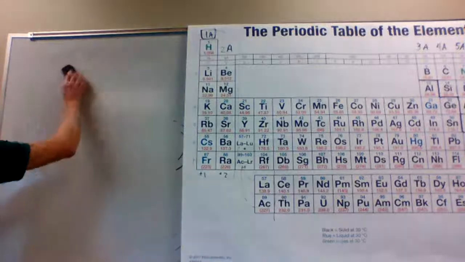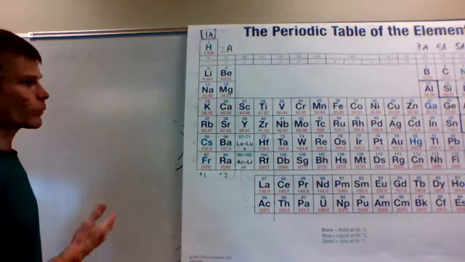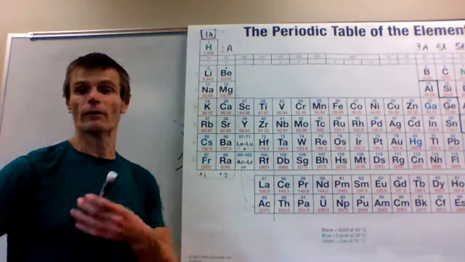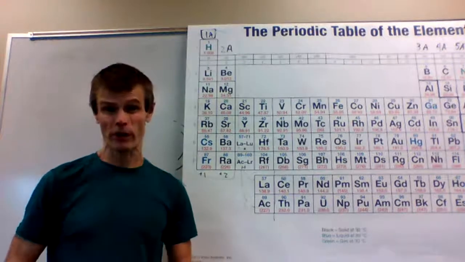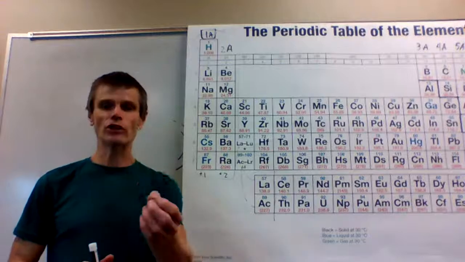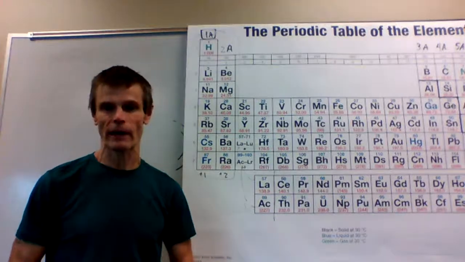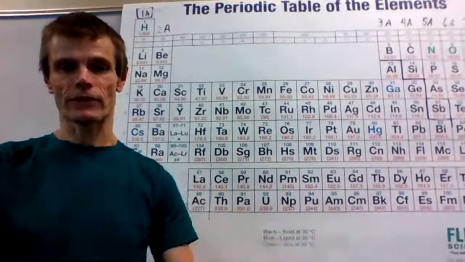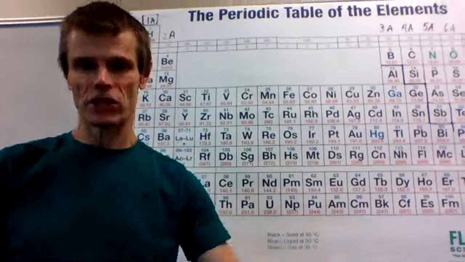What we're going to do is use the periodic table alone, and then we're going to verify our findings with some actual experimental results. But I want you to be able to use the periodic table itself to help make predictions using periodic trends. And we're going to look at atomic radius.